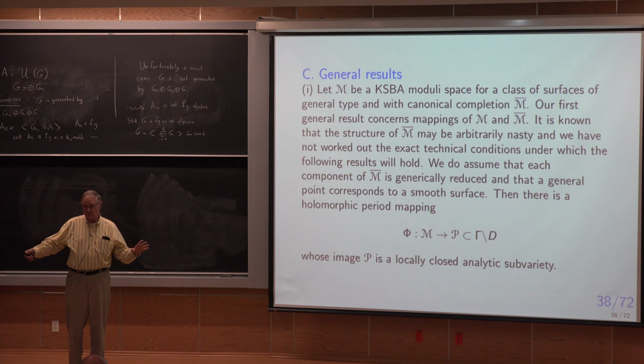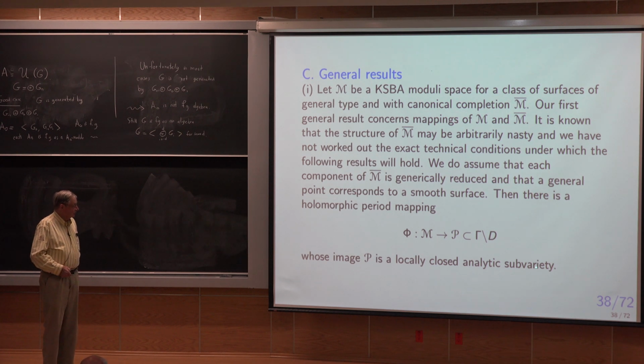It has a lot of global function theory. In the non-classical case, this D by gamma has no non-constant functions. So one is looking at quite a different, Hodge theoretically, story than in the classical case.